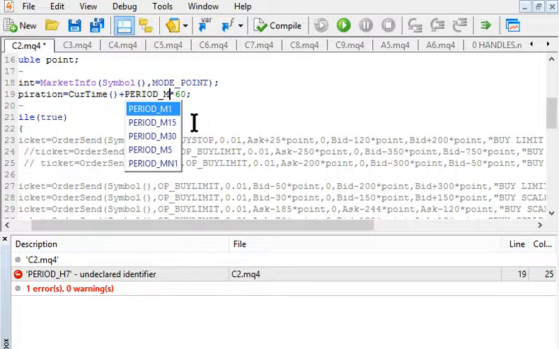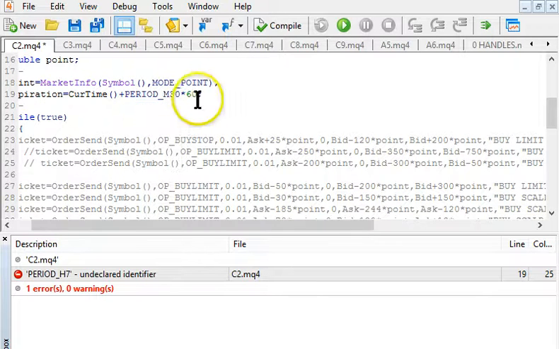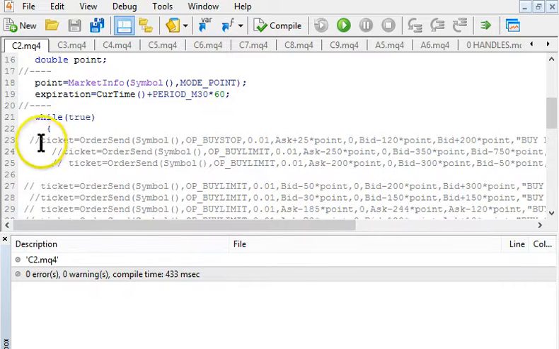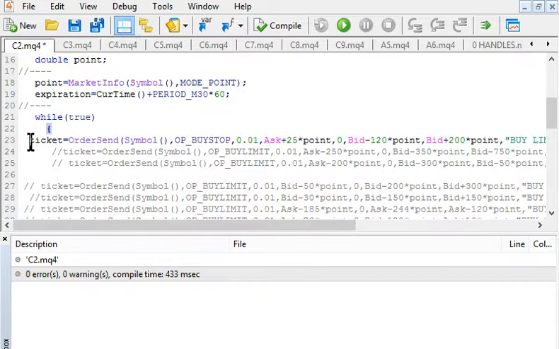So if I made this M30, and of course it'll have color to it because it's acceptable, and it compiles. Now this is all these tickets here. I can turn these on and off just by deleting the forward slashes and create any kind of complicated scenarios. Just a bottomless pit.